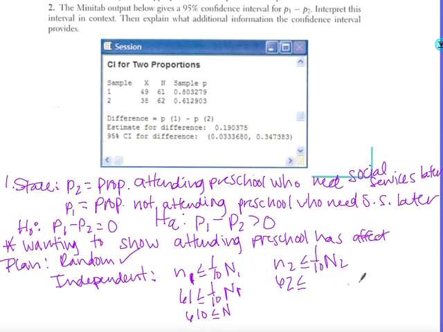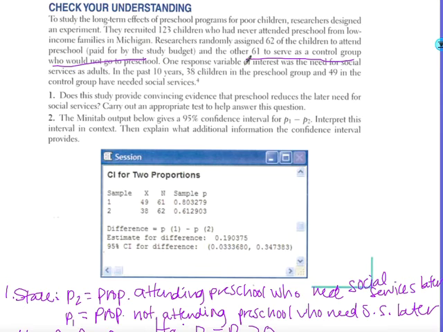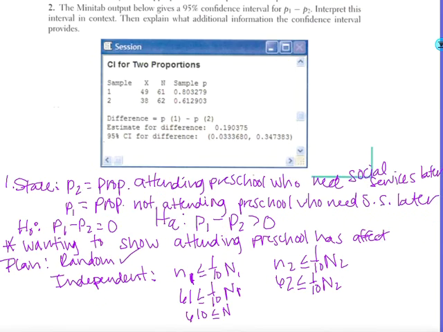N2 was 62. So I get 62 from here. So that would mean that there would need to be 620 in Michigan that did go. So it would be independent if at least 620 poor kids attend preschool and 610 poor kids don't attend preschool.